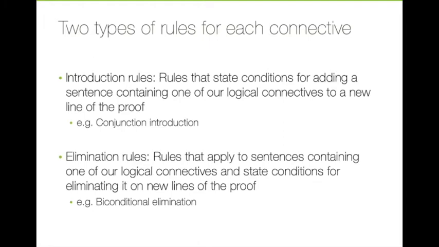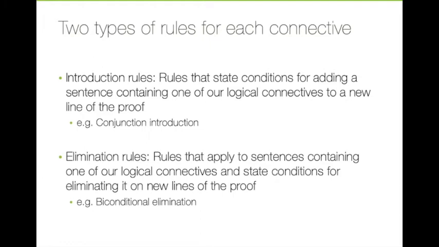Elimination rules, on the other hand, are ones that apply to sentences containing one of our logical connectives, and they give us conditions for eliminating that connective in a sentence on a new line of the proof. So one of our rules is biconditional elimination.